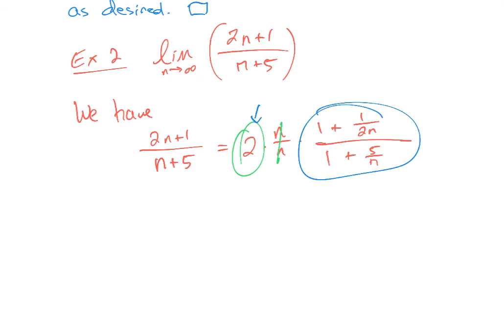Okay? The limit of the sequence on the right is the limit of the numerator times the reciprocal of the limit of the denominator. Or we could just say the limit of the numerator divided by the limit of the denominator.